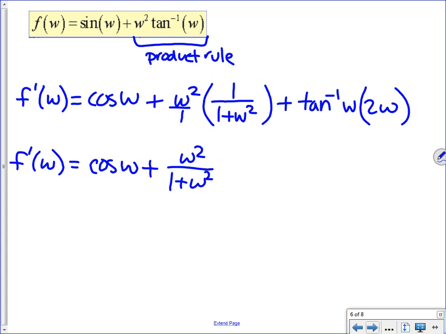And then plus, now I would probably just move this 2w in front of inverse tangent, just so we don't confuse that as part of the angle of inverse tangent, or really if we don't confuse it as part of the ratio, because for your inverse trig function, the input is the ratio and your output is the angle.